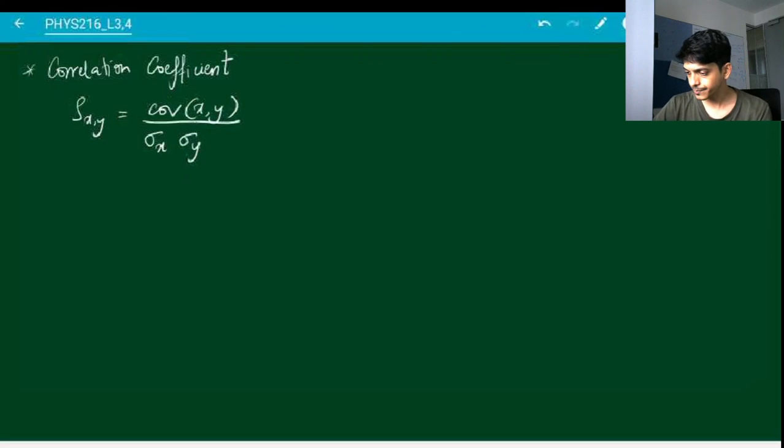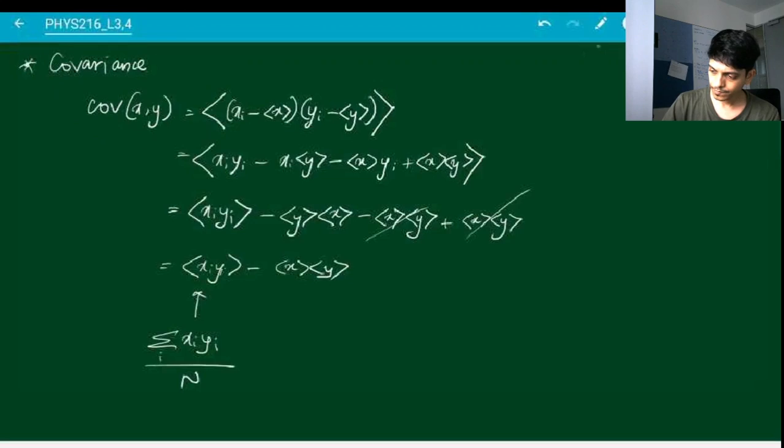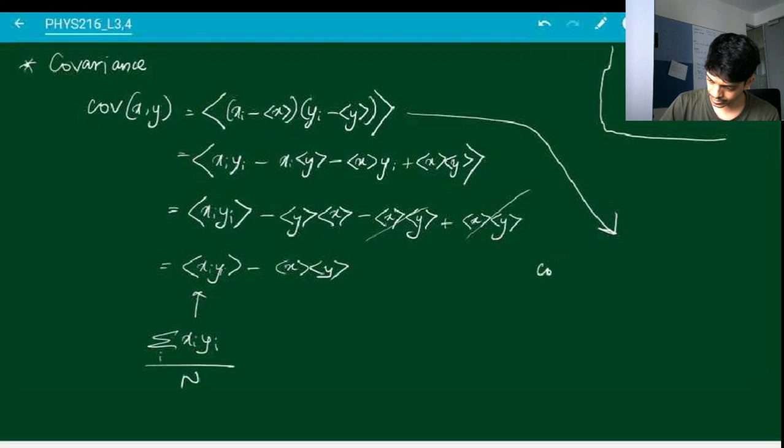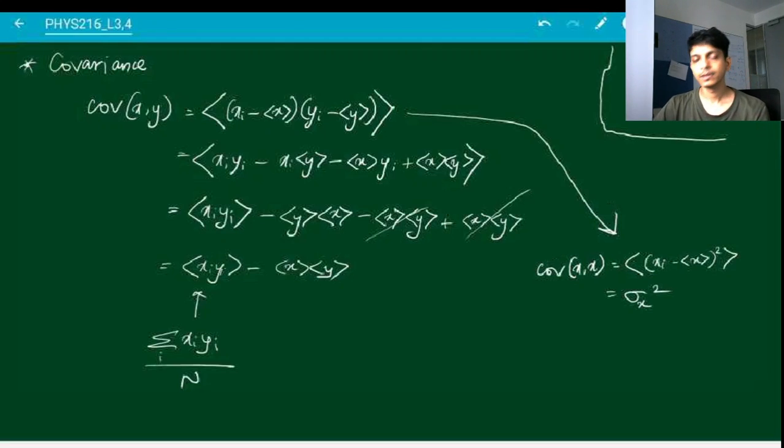Oh, one thing I should say over here, if you notice, looking from this formula, the covariance of x and x is just going to be the average of xi minus the average of x, squared, and this is nothing but the variance in x.